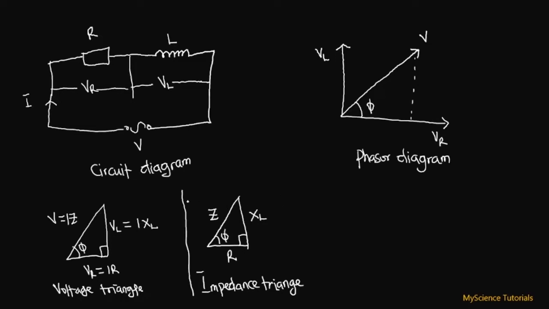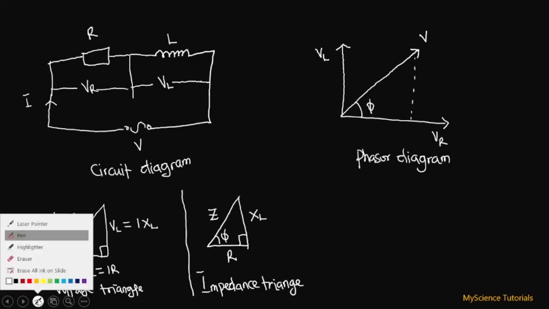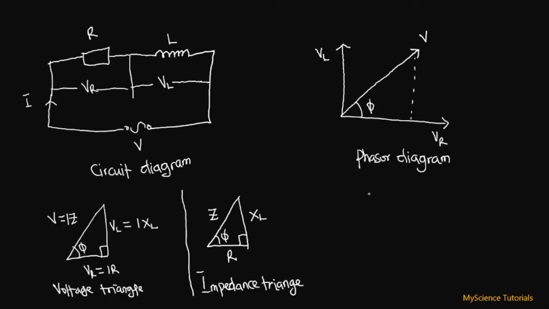Now, from these two triangles, the voltage triangle and the impedance triangle, we can make some calculations. So let's have a look at what we can find from these two. Let me use a blue color for that. So using Pythagoras theorem, from this voltage triangle, if we want to find the applied voltage, which is the hypotenuse, that will be V squared is equal to VR squared plus VL squared.